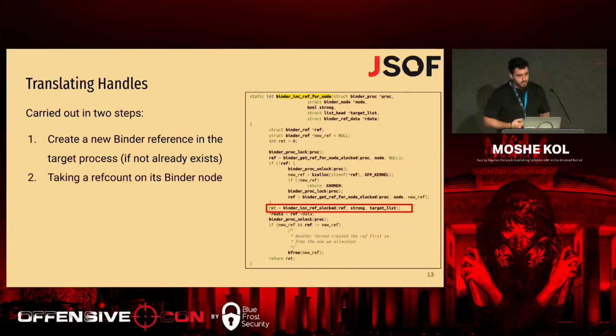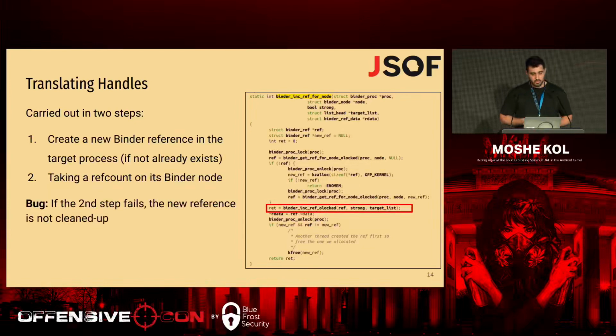And then the second step takes a ref count on the binder node to which this binder_ref points. Now, if this second step fails, then the new reference is not cleaned up by the driver, and this is the root cause of the bug. They don't check the return value of this function, and they don't clean up this newly created reference.